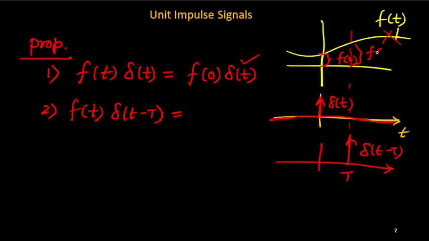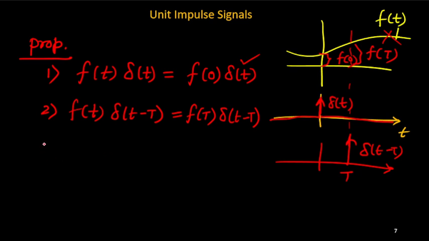So this is nothing but f of capital T, multiplied with this function. So I can write f of capital T, and it will remain the del function located at capital T, meaning t minus capital T. This is a very, very useful concept.